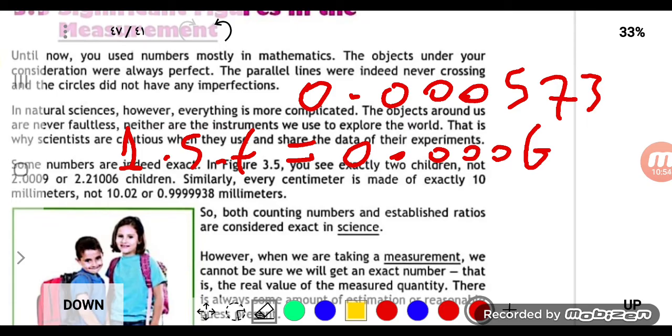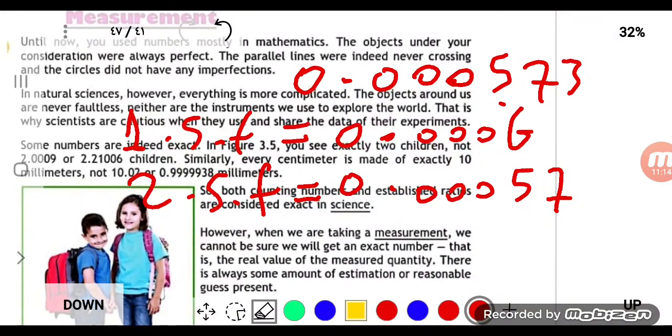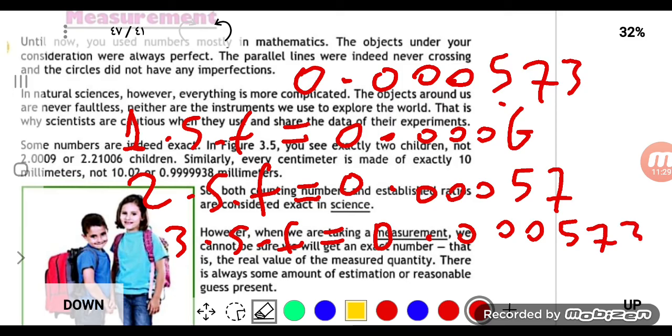Okay, in case I want to write it correct to two significant figures, two sig figs, we will stop at 7 now. So it will be 0.00057. That's correct to two significant figures. In case I want this number correct to three significant figures, it will be 0.000573.